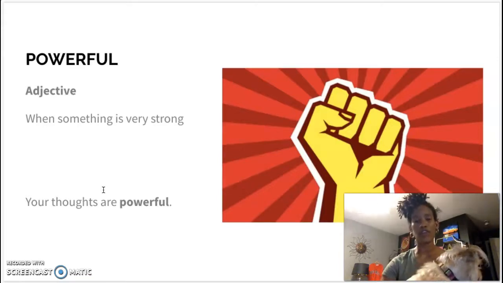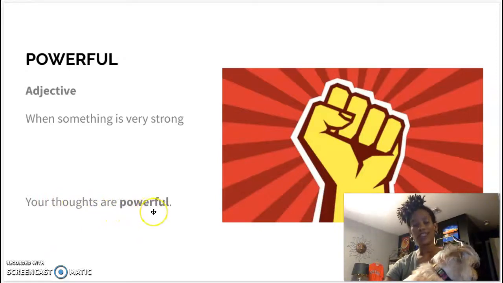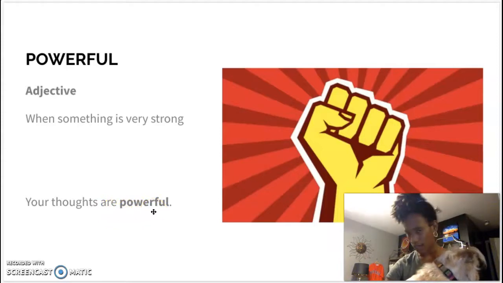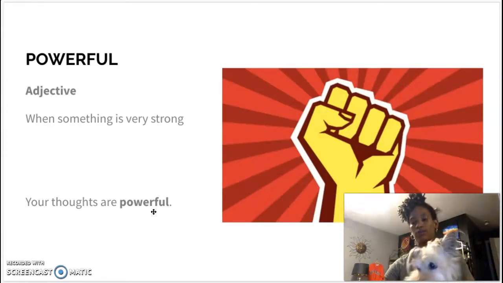The mayor is very powerful. Another example, your thoughts are powerful. In your mind, if you believe that you cannot do something, then you cannot do it. If you believe you can do something, yes, you can, because your thoughts are powerful.